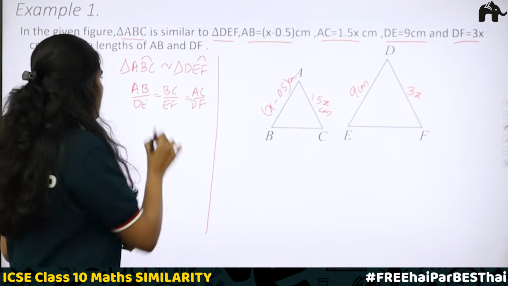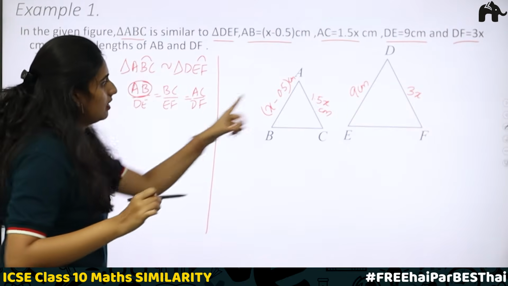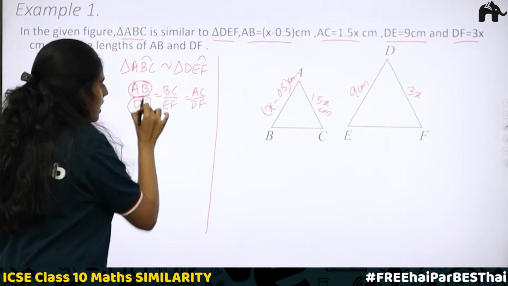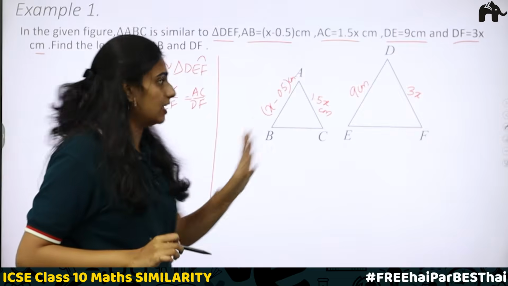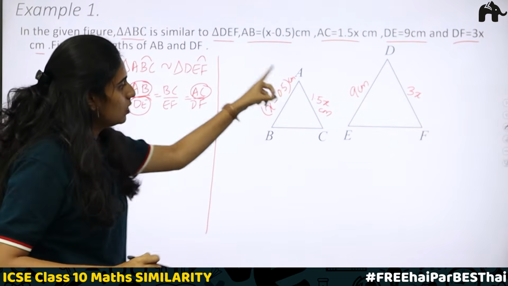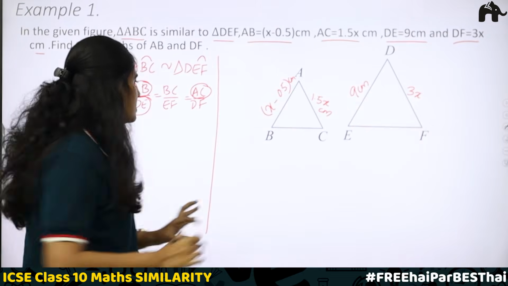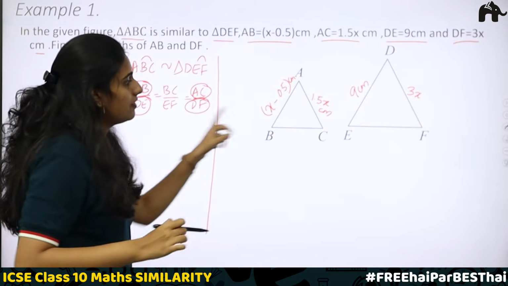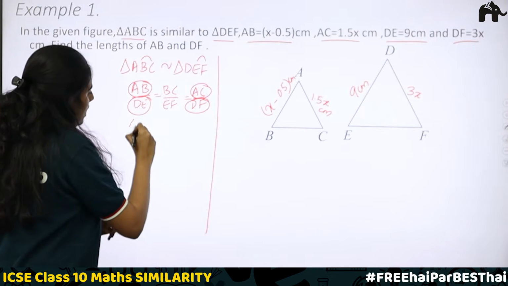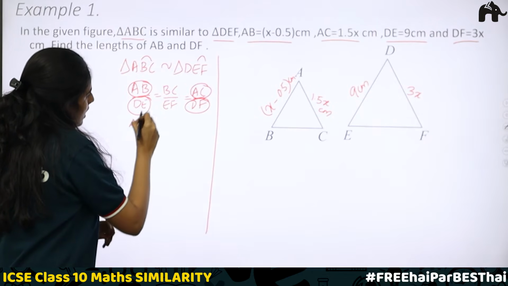Here we know AB. AB is x minus 0.5. DE is given, which is 9. Then AC is equal to 1.5x. DF is 3x. So you can neglect this part and take only these two ratios.